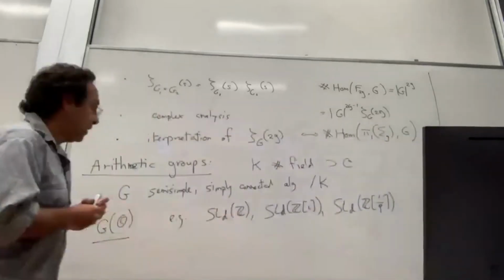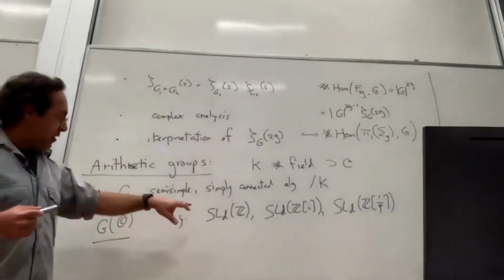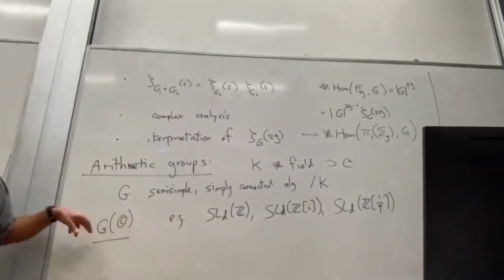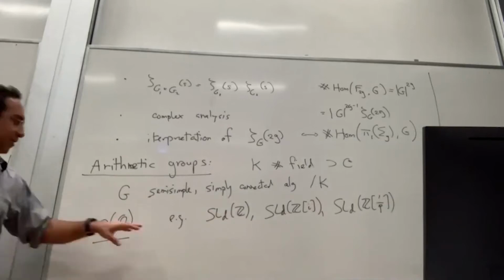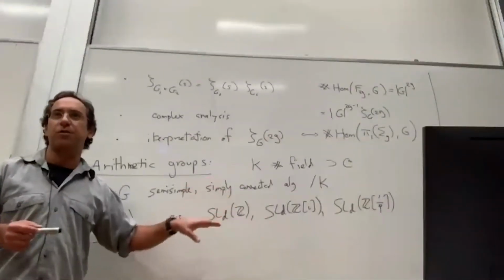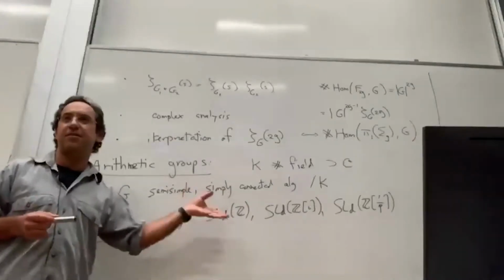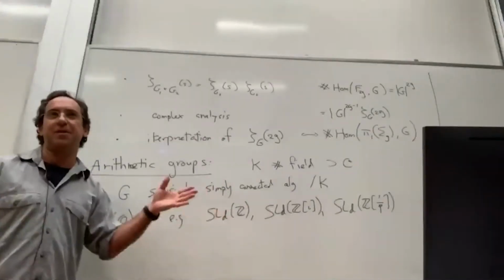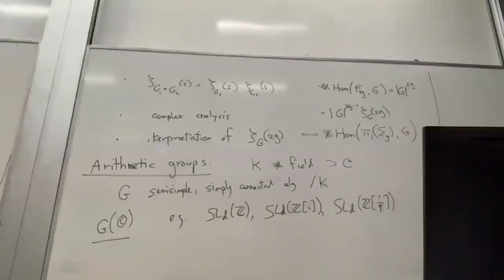In what follows, if you're irritated by general groups and you only want to think about SL_d(Z), that's enough. The problems that occur are already very difficult for SL_d(Z) and other groups. It's not the structure that is the problem.